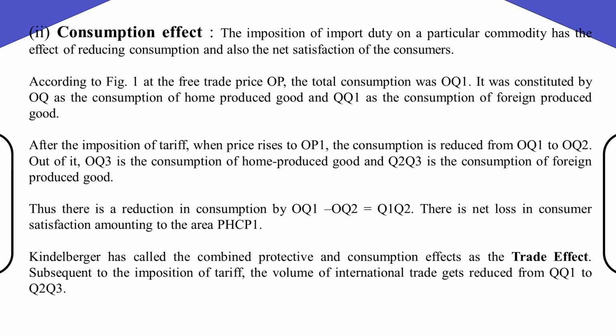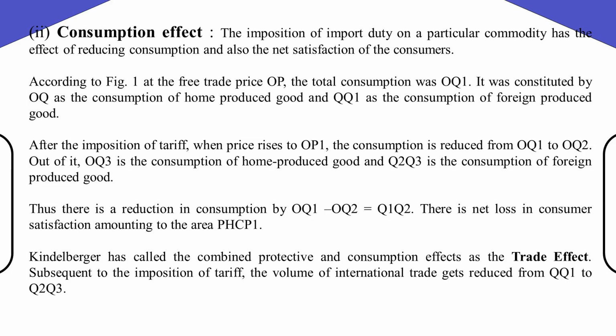After the imposition of tariff, when price rises to OP1, the consumption is reduced from OQ1 to OQ2. Out of it, OQ3 is the consumption of home produced good and Q3Q2 is the consumption of foreign produced good.